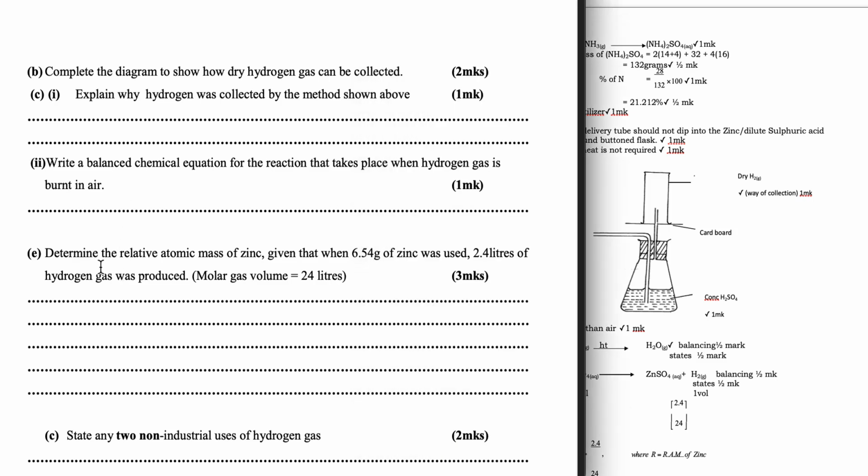Determine the relative atomic mass of C given that when 6.54 grams of C was used, 2.4 liters of hydrogen gas was produced.